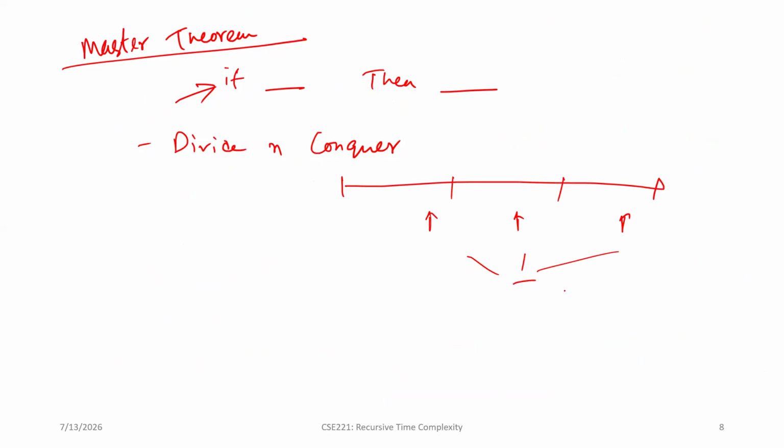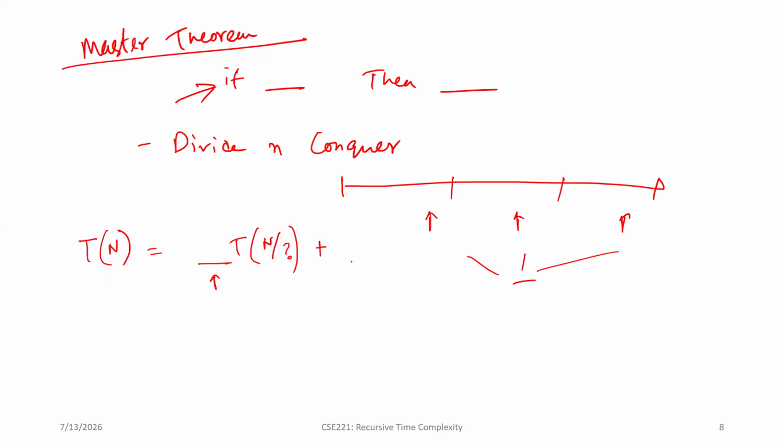So in every example of divide and conquer, if you write the time complexity down using the recurrence, T of n would be T of n by something. There can be another value, that means how many parts there are. So there will also be some value here.